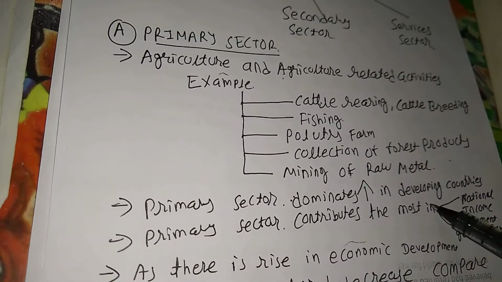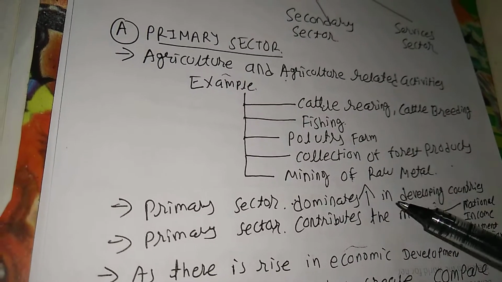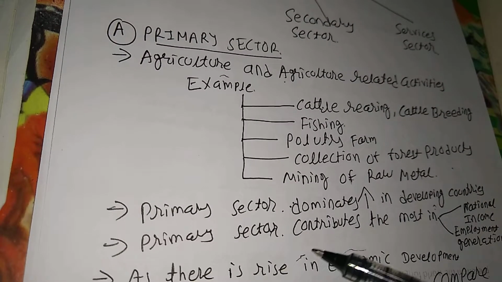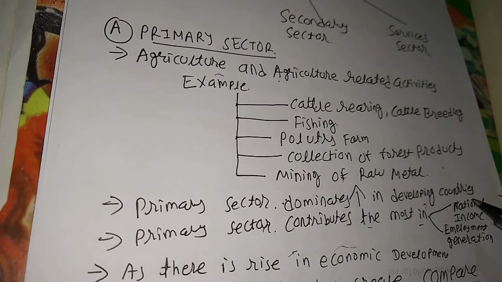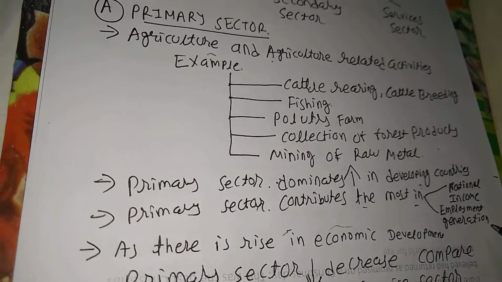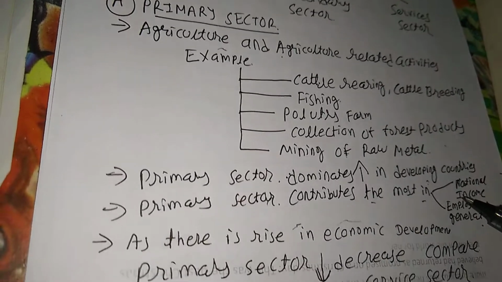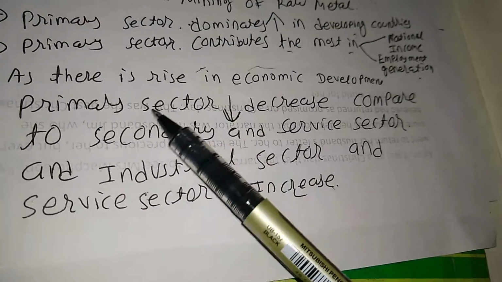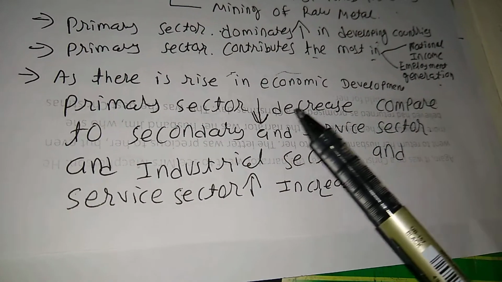Now in developing country, what is mentioned? See, the primary sector dominates highly in developing countries. And the primary sector also contributes the most to national income and employment generation in developing countries. Another conclusion is mentioned over here. As there is a rise in economic development, the primary sector decreases.